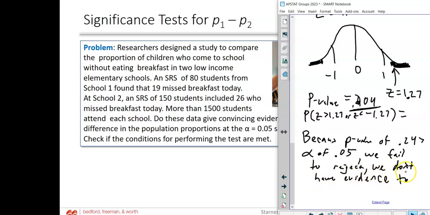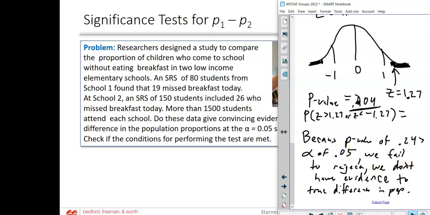to say that the true difference in proportions is not equal to whatever our null was.